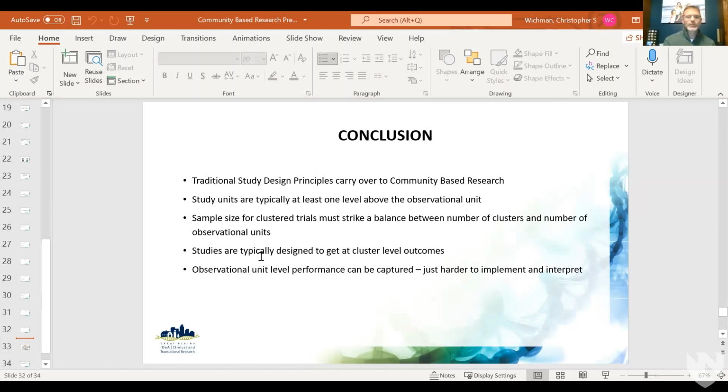And the last piece is that it's just harder to interpret when you get to the observational unit level when we've done a clustered study. And that doesn't mean that it's bad. It's just that it's harder to interpret. It's a little more nuanced. Your conclusions are a little bit softer, I would say.